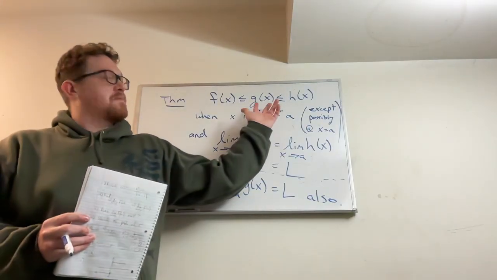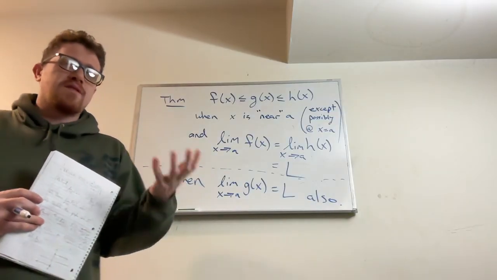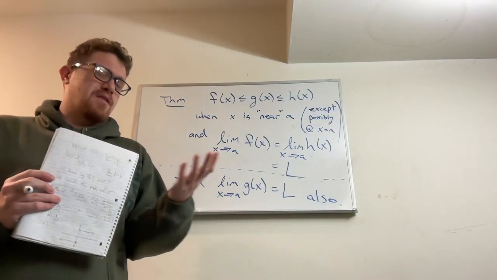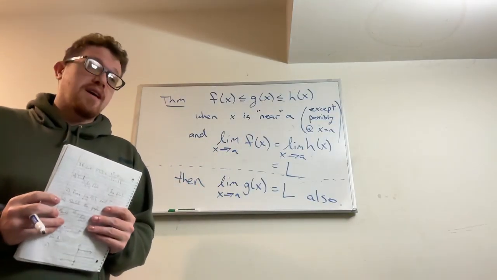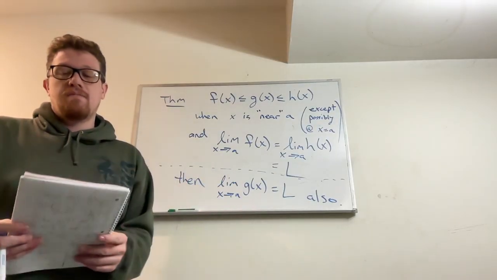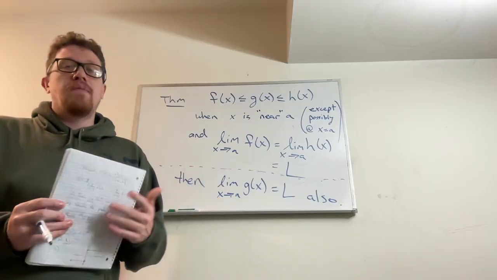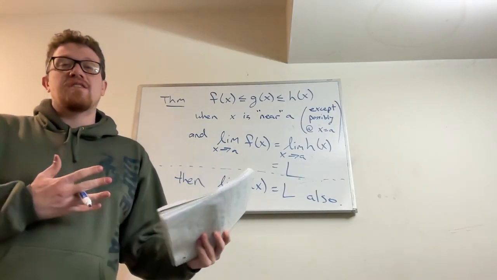A lot of the times the function in the middle will have a product with some sort of cosine, like cosine of 1 over x. It's very hard to deal with directly, but you can always bound cosine by 1 and -1, and so a lot of the problems will involve bounding sine and cosine, or finding estimates.